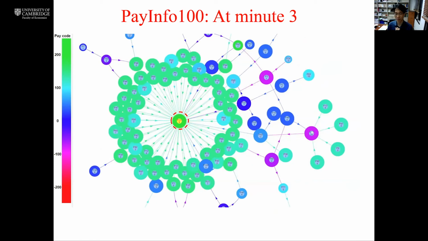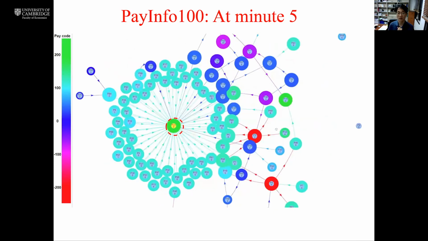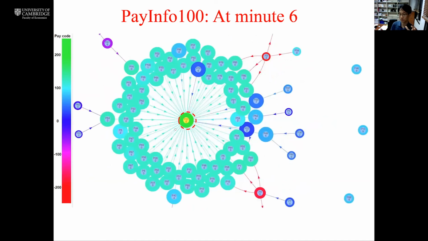At minute 5, this person remained the hub, but making zero effort without facing any serious competition. And then at minute 6, this person remained the hub, still making zero effort. And this is a pure connector outcome, as you can see.